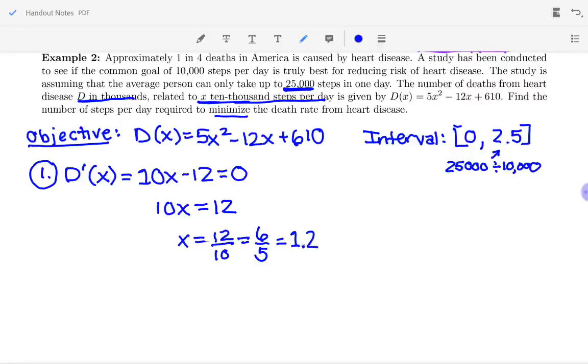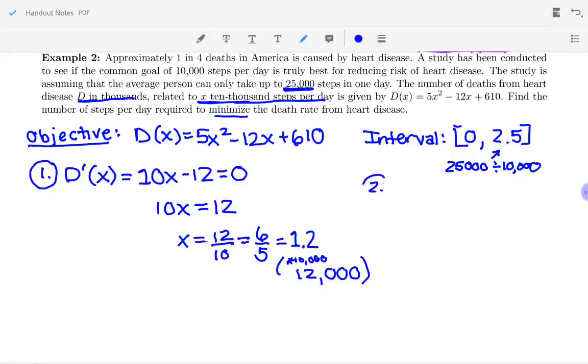Are we telling people to take 1 step and then a little bit more? No, this is in 10,000s. So 1.2 times 10,000, let's see if this is a realistic number. 1.2 stands for 12,000 steps per day. Is that on our interval of interest? Yes, because 1.2 is between 0 and 2.5. And in terms of correct units, it's between 0 steps and 25,000 steps.